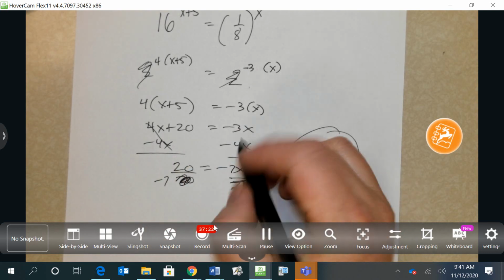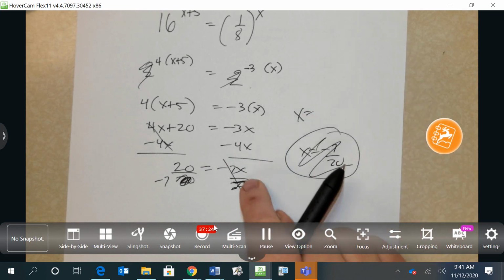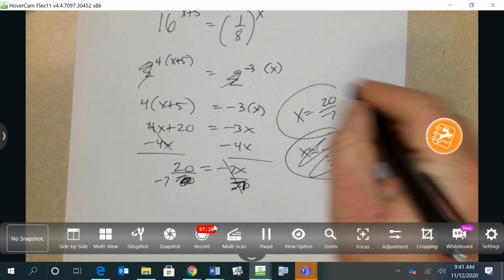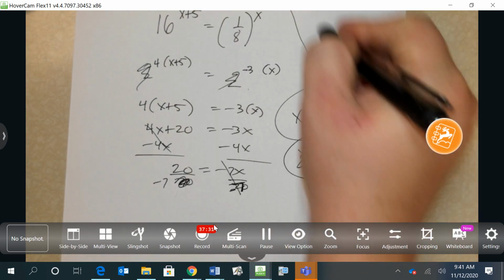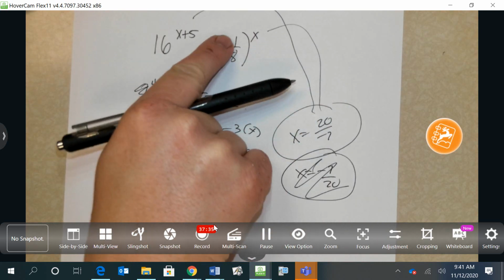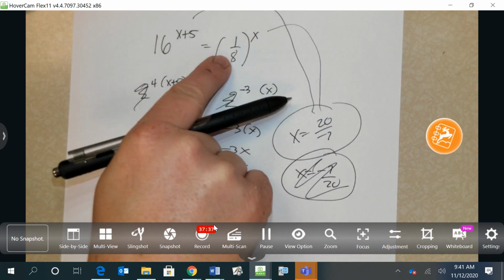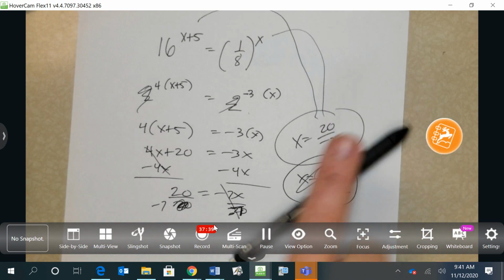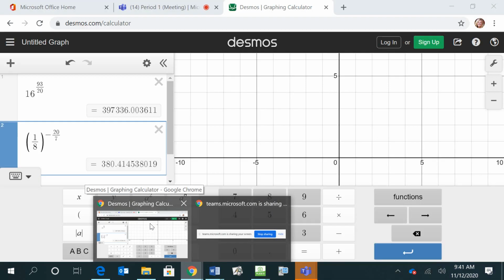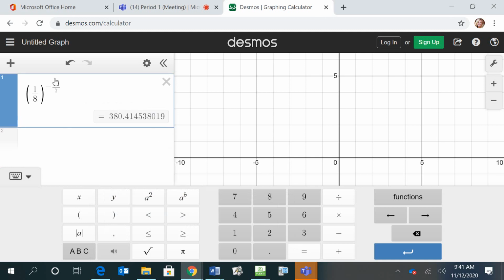And so now the x is isolated, and I have -20/7. Let's go back here and reverse it. I'm going to start with the right-hand side since I'm almost done. I'm going to take 1/8 and raise it to the 20/7. So that is right here.